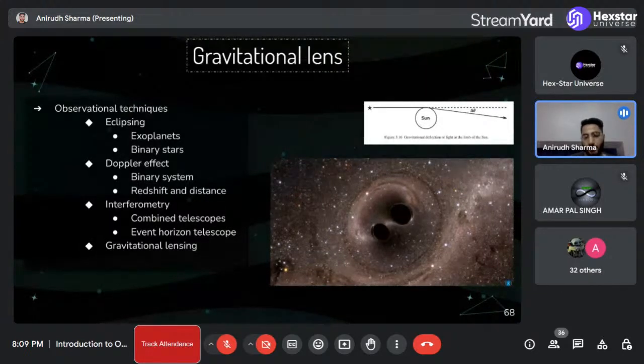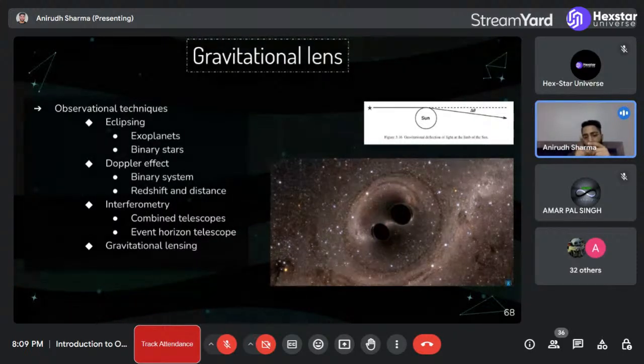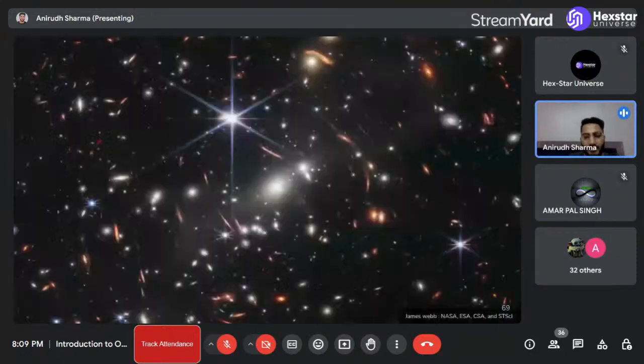Due to gravity distorting space time itself, the light that was going to travel towards that object, or was about to be blocked by that object, is actually lensed, and its apparent position changes. We were going to observe it here, but now, because there is a massive object and the light must travel around it and then reach us, we observe that star or celestial body to be shifted from its place.